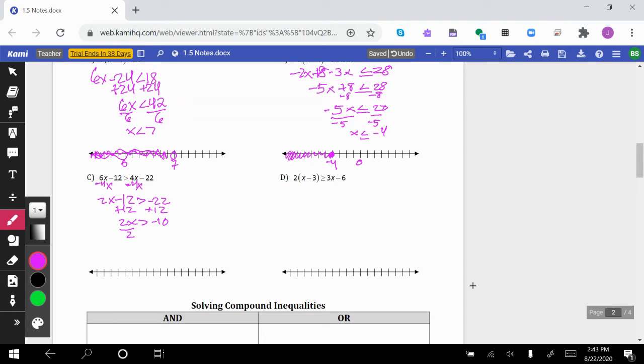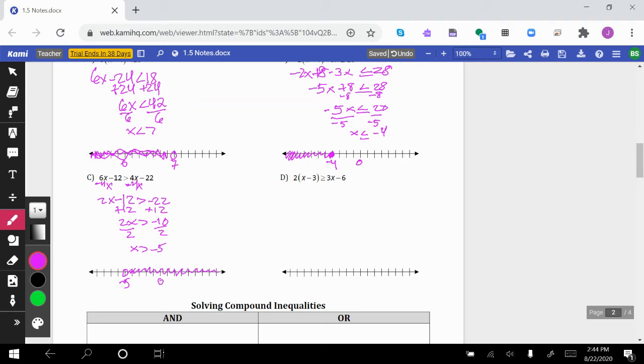Divide by 2, and we get x is greater than -5. Going to plot my 0. Going to plot my -5. -5 gets an open circle, and we're looking for values that are greater than that number. So we're going to shade to the right. Okay?